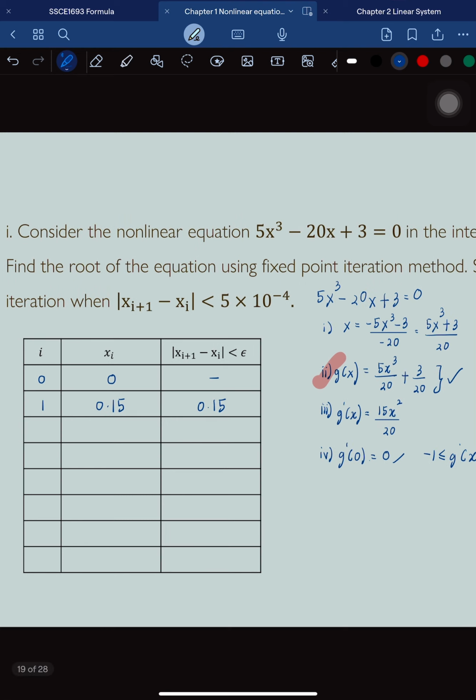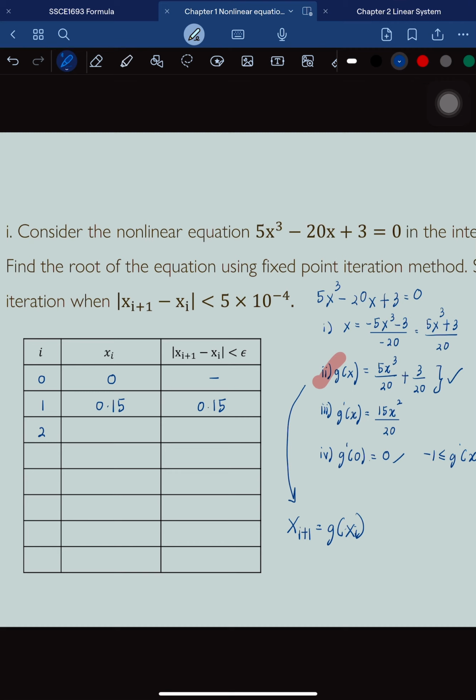Okay, please remember x i plus 1 is equal to g(x i). Okay, so how did I get 0.15? When I substitute the value of x naught equal to 0. Okay, now continue. So now our x is 0.15.